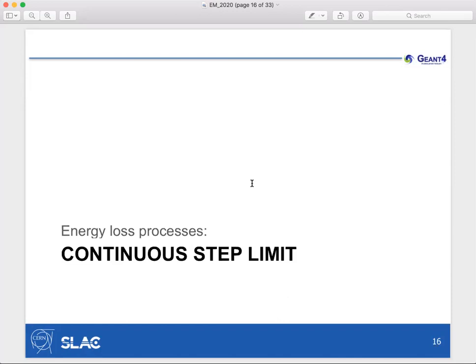Okay, thank you. So let's move quickly to the continuous step limit, because it's also a consequence of using a secondary production threshold, and describing subthreshold secondary photon and electron production with a continuous energy loss process. In other words, while an electron moves from the pre to the post-step point, it will continuously lose energy.